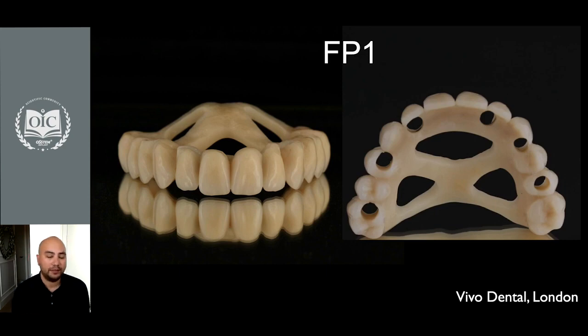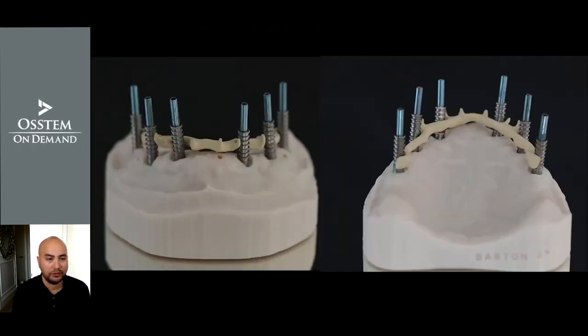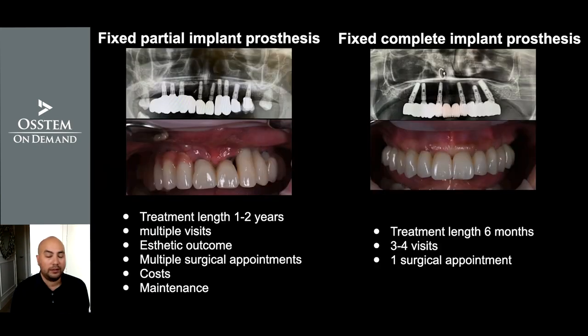FP1, this is the topic that I would like to discuss, and this is an example of a traditional FP1 prototype prosthesis, which is also metal reinforced. It is my preference when we're dealing with failed dentition to go for a complete implant prosthesis.